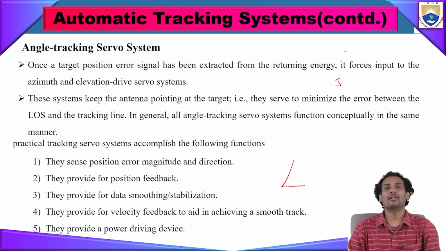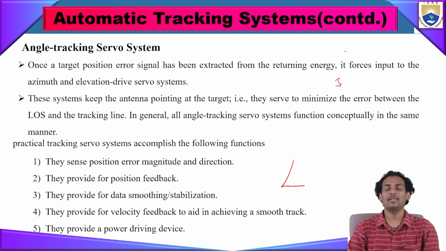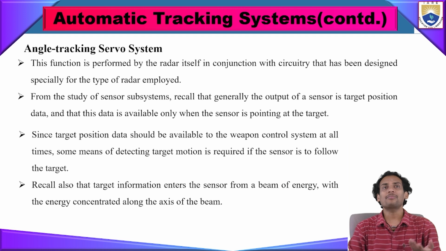Then it provides velocity feedback: whenever it has to launch or needs to move rapidly, that adjustment feedback it will also do. And the power driving device: if additional power is required for tracking that movement, or with the launch movement also, it will serve.